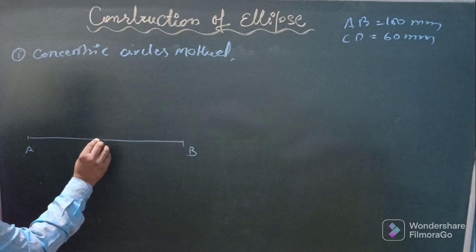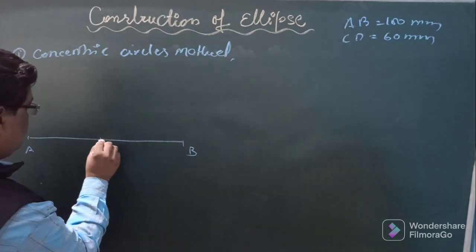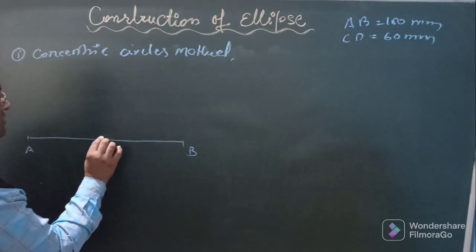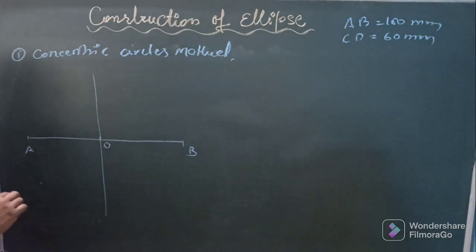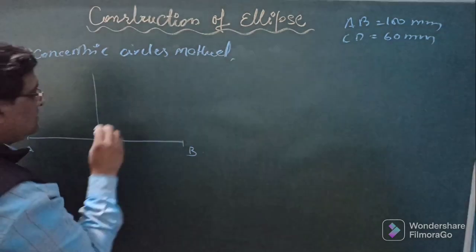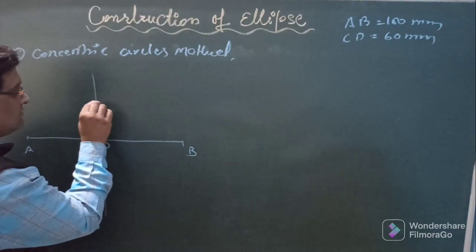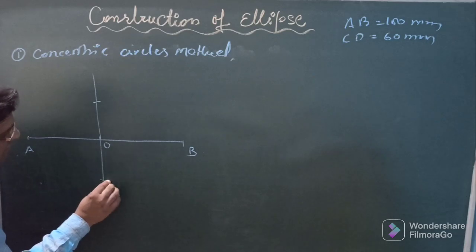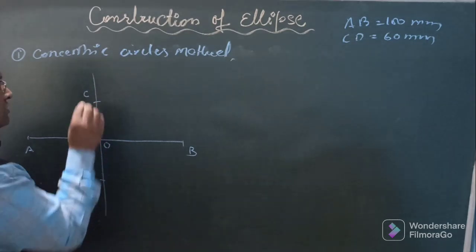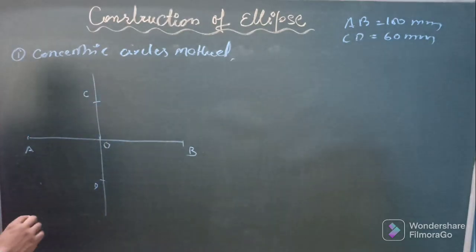Take the midpoint of AB. Say this point is O. Draw a perpendicular here. Then you cut half of CD, that means 30 mm this side and 30 mm this side, so as to get the positions of C and D.